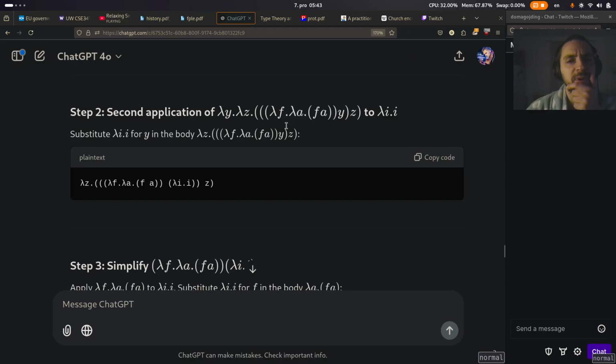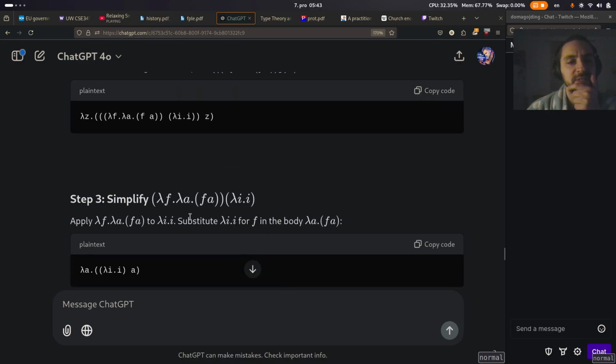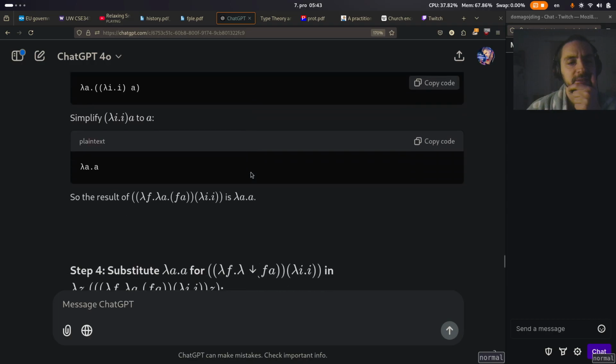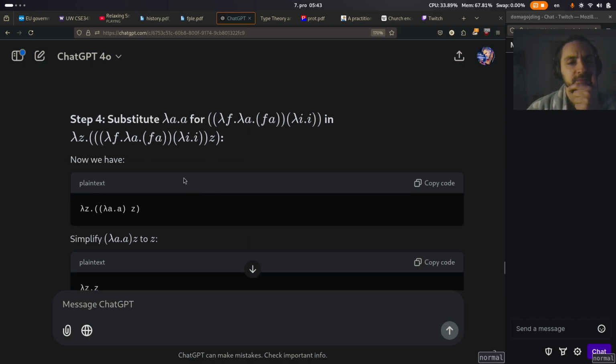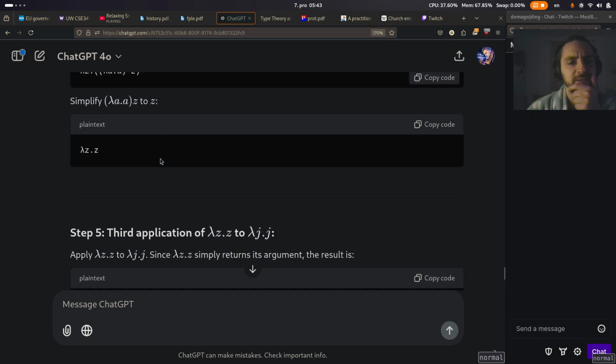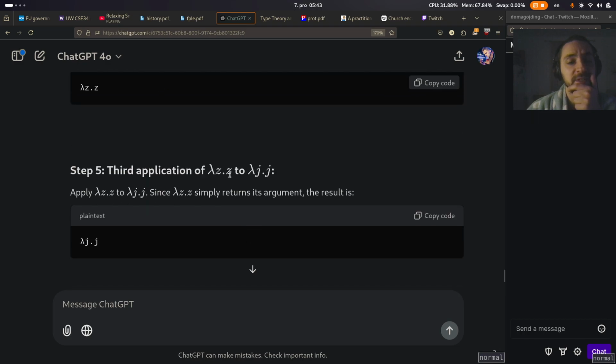Of lambda y to I. Then he substituted the I's for the y's and j's for the z's, I guess, right? Where is the j? How come I don't see the j? For the z's, yeah.